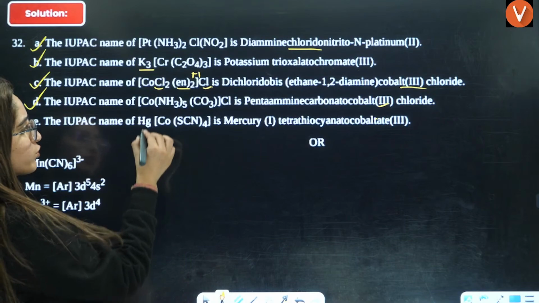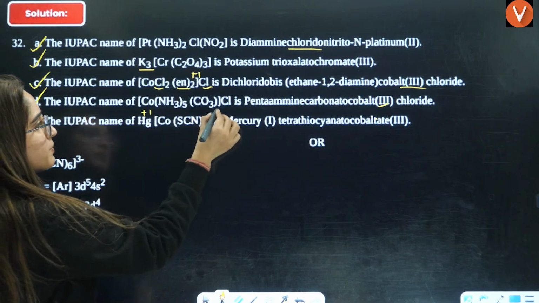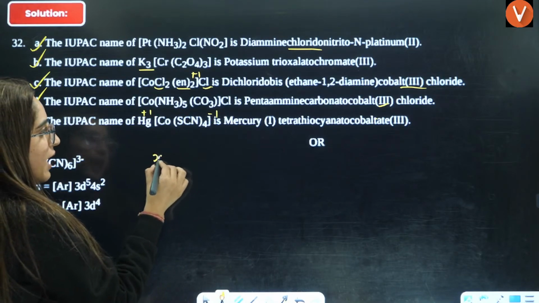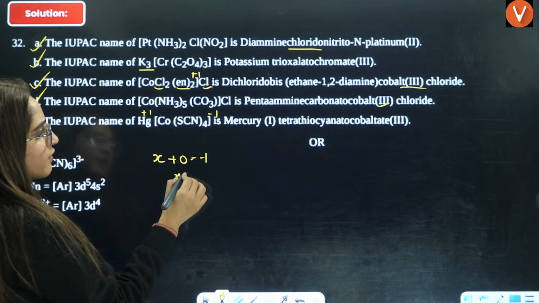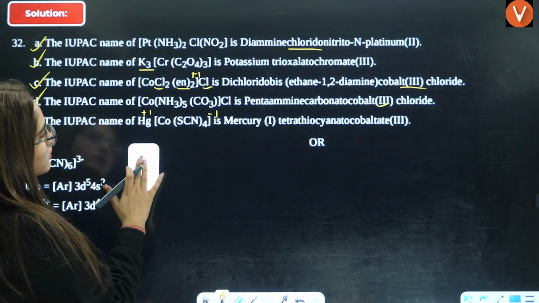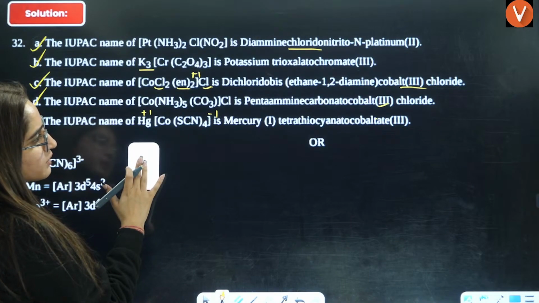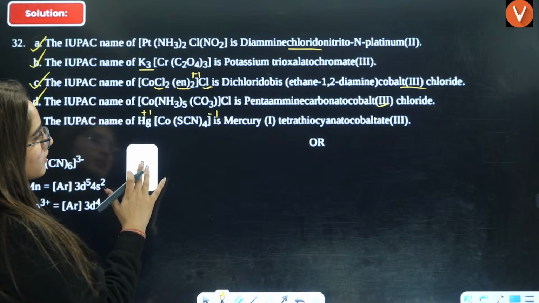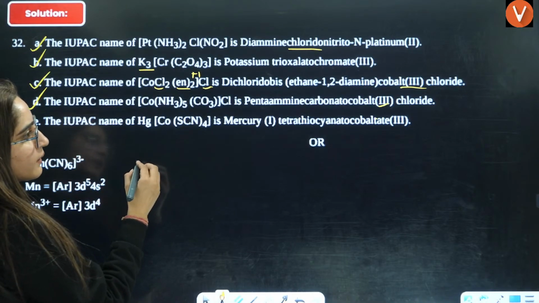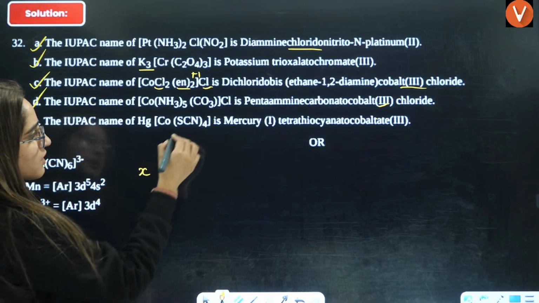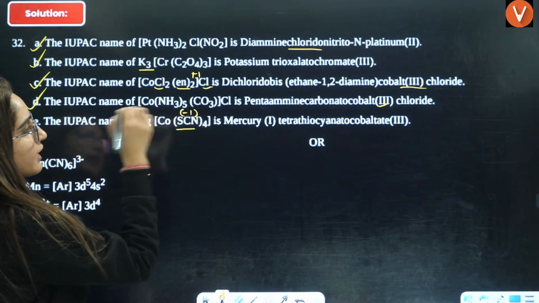Now, beta, what you have to do, this is plus 1, so this will be minus 1, right? So, x plus 0 is equal to minus 1. So, wait a minute. Plus 1, this is minus 1, no? Okay. Let me just write it here. X. This is SCN thiocyanate, minus 1.